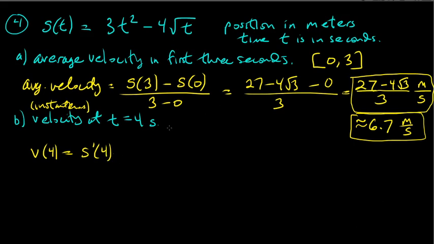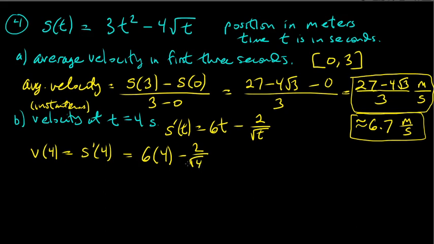So before we plug in 4, we need to take the derivative, which is 6 times t minus 2 divided by the square root of t. So plugging in 4, we get 6 times 4 minus 2 over the square root of 4, right? So 24 minus 1 is 23 meters per second.